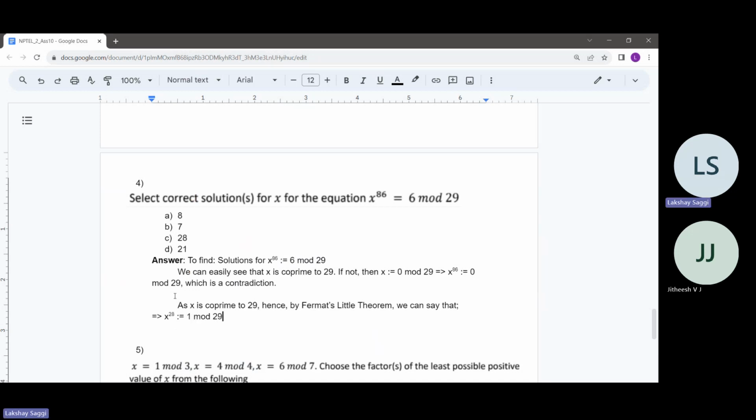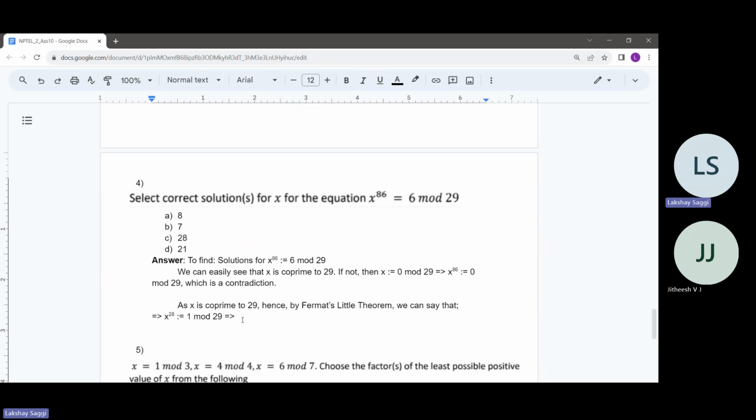This is Fermat's little theorem, right? And since we have x raised to the power 86, we round it to the closest multiple of 28 to 86. What do I mean by this? I'll show you guys. We have that x raised to the power 28 is congruent to 1 mod 29.